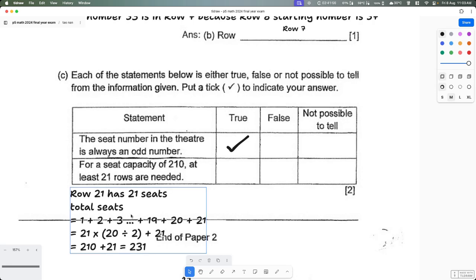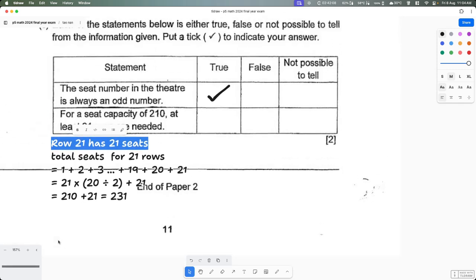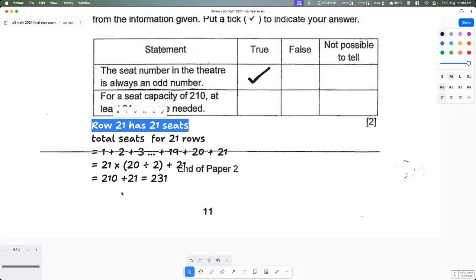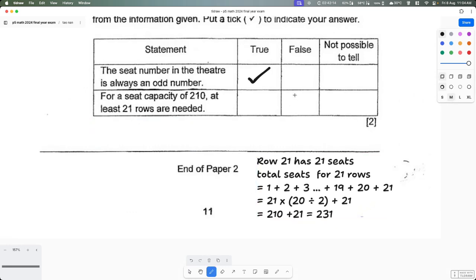Okay, so total seats for 21 rows is this. Okay, row 21 seats, so that means it's false. Right, okay, there you go.